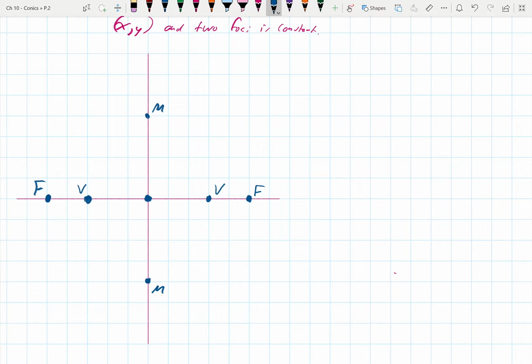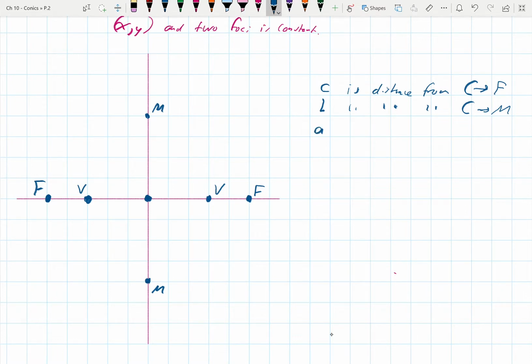So those 3 sets of points, and we're still going to use the letters C, A, and B to mean exactly the same thing. C is the distance from center to focus. B is the distance from center to the M points.